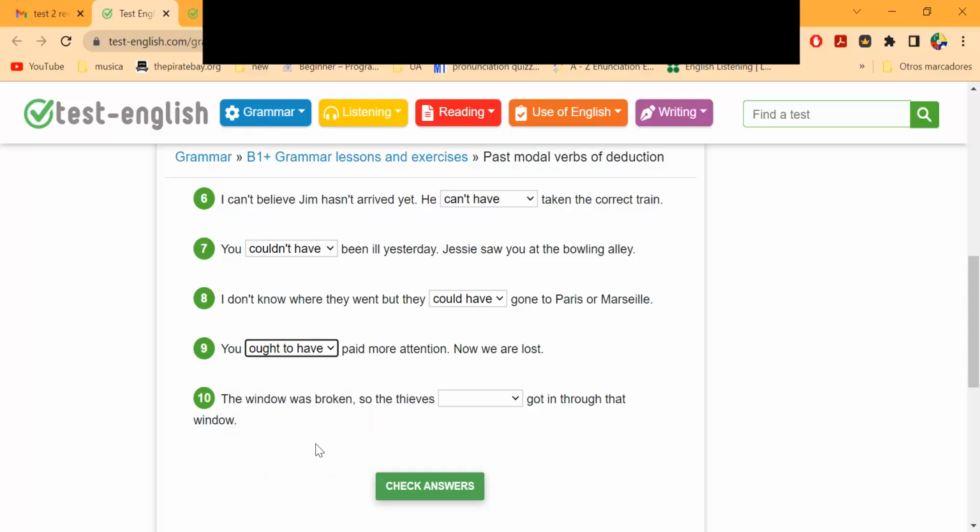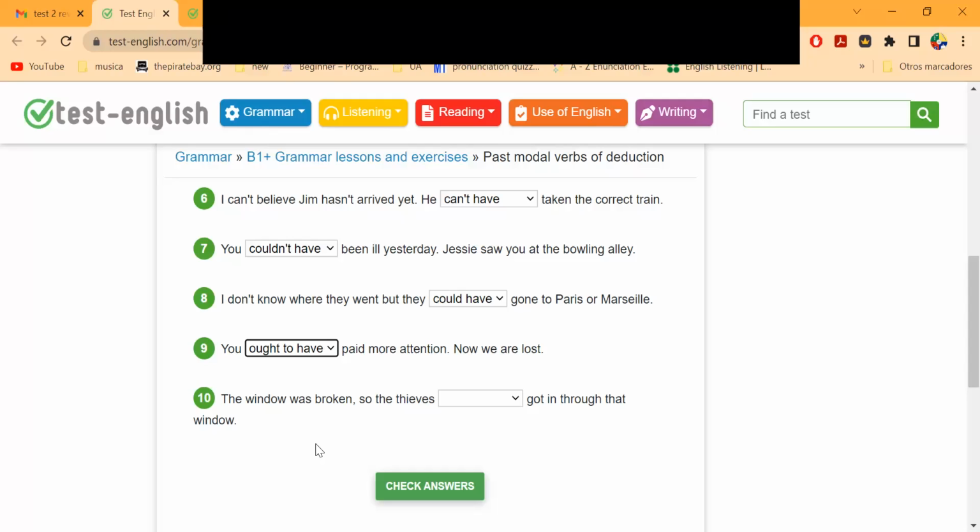Yeah, ought to have. Eso equivale a you should have. Yeah, you should have. You ought to have paid more attention. No creo, no sé si aparecía en el grammar reference, ¿se acuerdan? No sé, yo me acuerdo que hace años, como el segundo año de U, lo vi. Ya, pero equivale a eso, a expresar past regret con should have or ought to have.